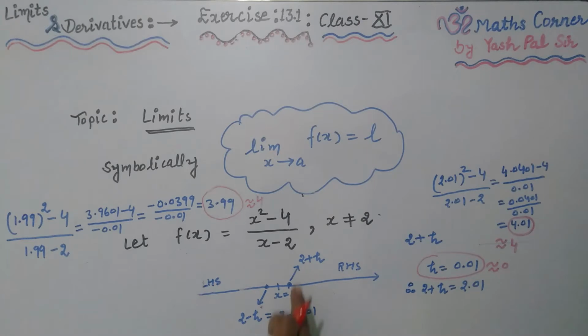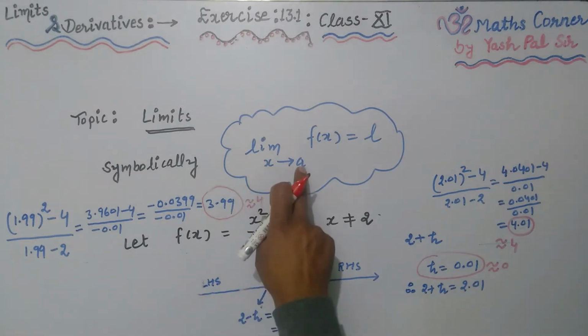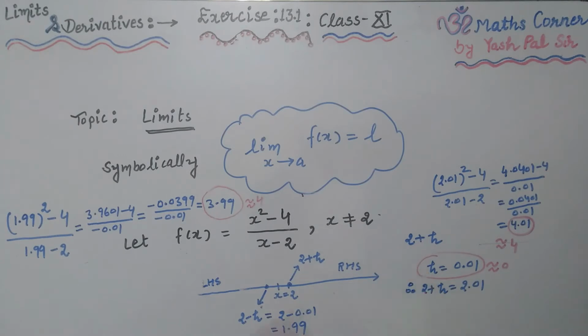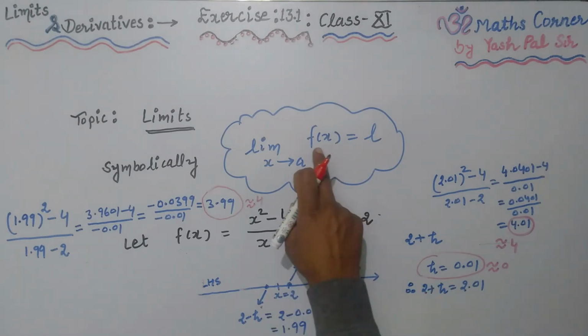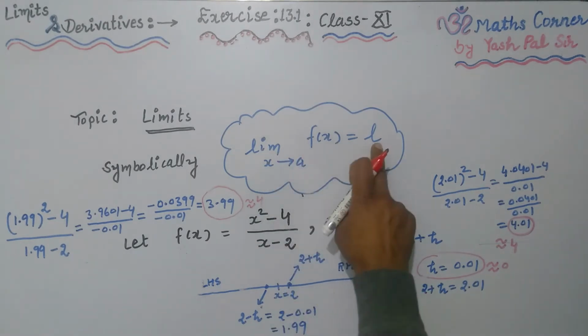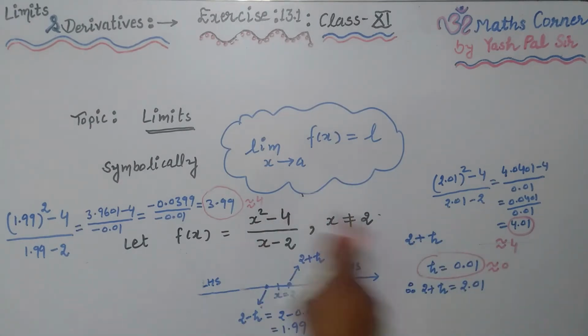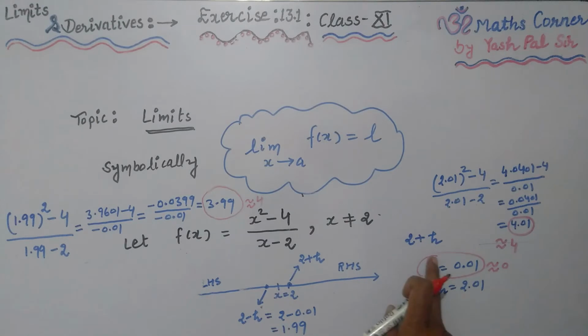What is the definition? As x approaches a, the limit of the function is L. What is L here? Approximately this is 4. We consider h approximately equal to 0, not exactly equal to 0.